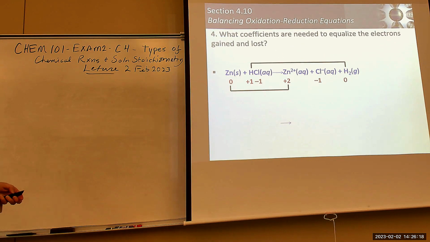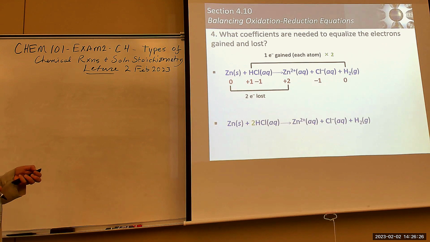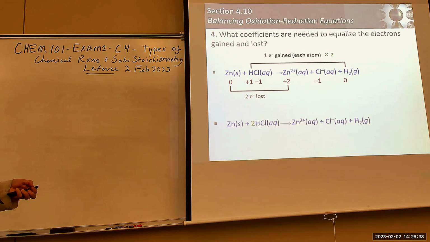So let's go back, draw our tie lines in again. Now we need to balance the electrons. So what we need is 2 times this. So what does that mean? We need a 2 here to get 2 hydrogens. And we've already got a 2 here, so we don't have to change that. So that 1 change is all we need. And we've got balanced electrons.